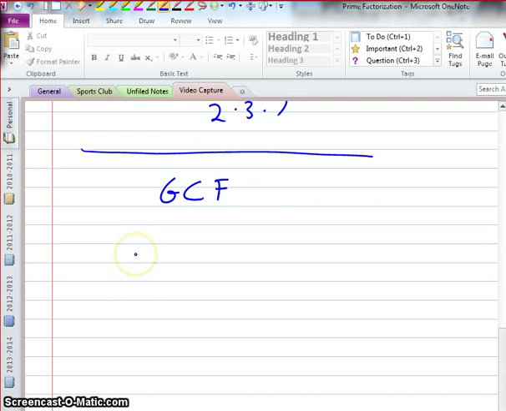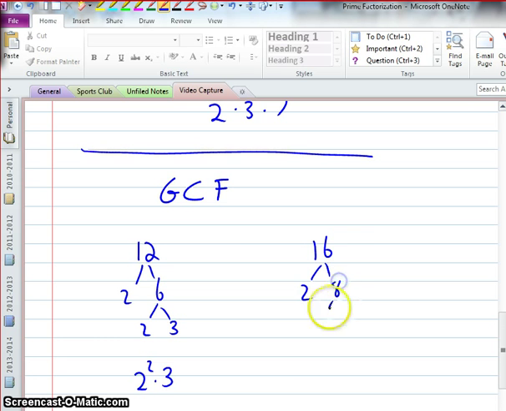But the idea now is that we are going to look for the greatest common factor of 2 numbers. We're going to start with 12 and 16. 12 we can see is 2 times 6, which is 2 times 3. So 2 squared times 3 to the first power. And 16 is 2 times 8. 8 is 2 times 4. 4 is 2 times 2, or 2 cubed.